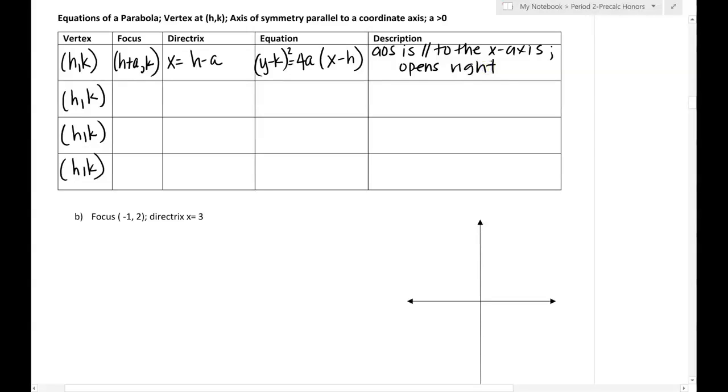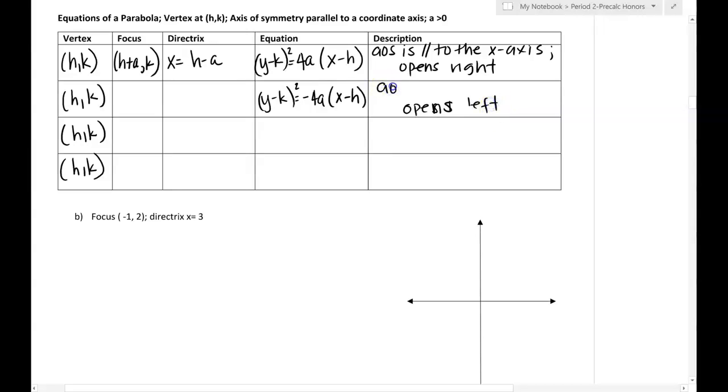Next one, we will have the equation of y minus k quantity squared equals negative 4a times x minus h. Now this, because it's negative, it opens to the left. Opens to the left, okay?